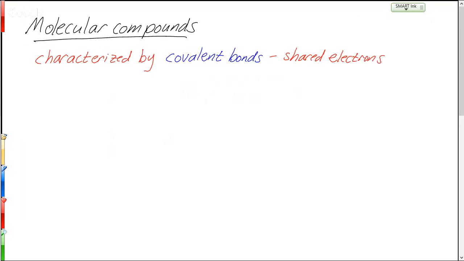Remember, in our ionic compounds, we didn't share electrons. This ion had this many electrons, this ion had this many electrons, and they would just be attracted to each other because positive and negative attract. In a molecular compound, electrons are shared. So let me show you what that looks like.